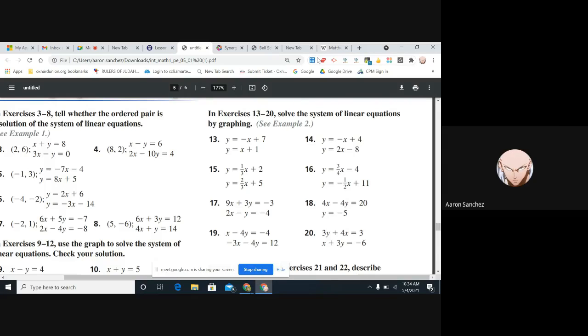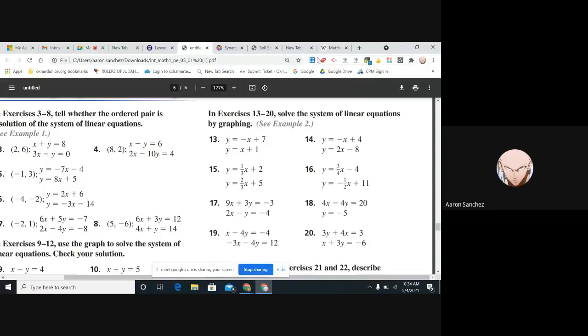So we have y equals, hang on, guys. I'm trying to figure out where to write these two equations.